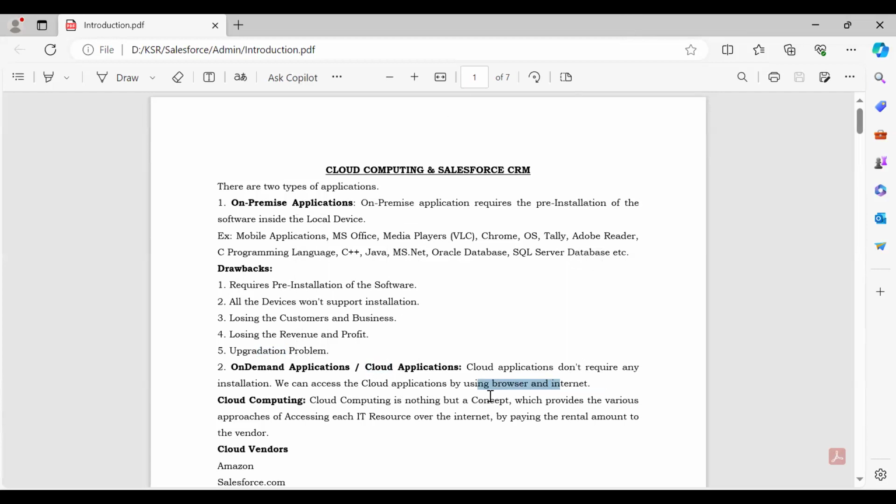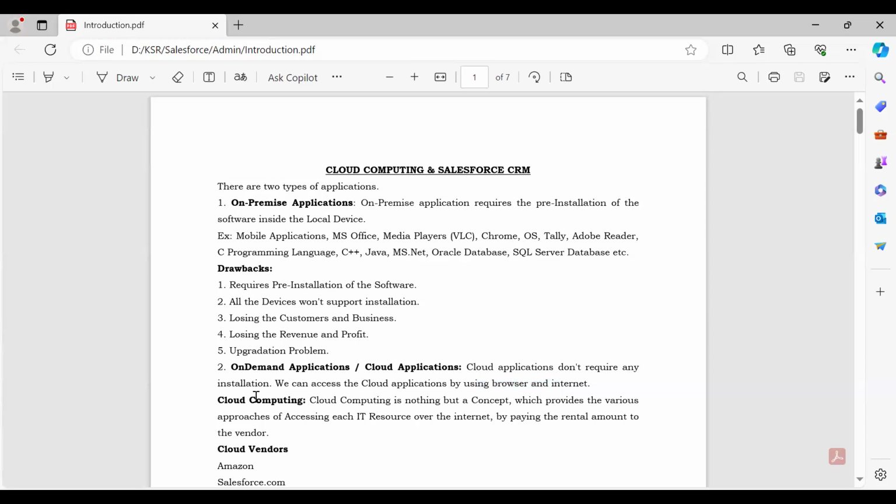You need not install any software in the local system. Just by using a browser and internet, we can access these applications. We know almost all the devices nowadays support internet and browsers as well. Most of the devices have inbuilt browsers. So we can access these cloud applications just by using a browser and internet.